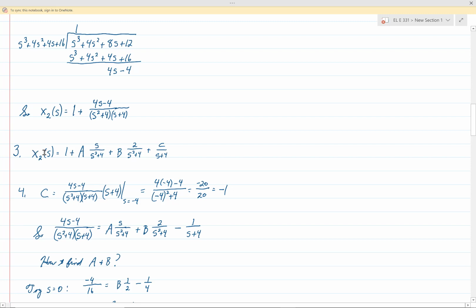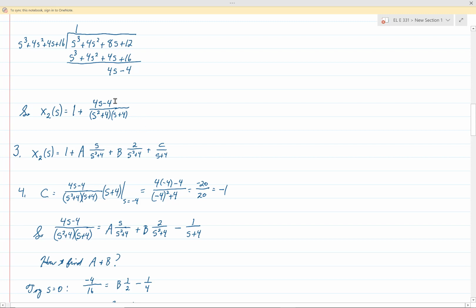Well, now that I have my expansion like this, this term here is familiar to us. It's like what we had in our first example. So I'm going to find C first and then try to figure out what to do about A and B. Okay, so C is the usual procedure. You just multiply.